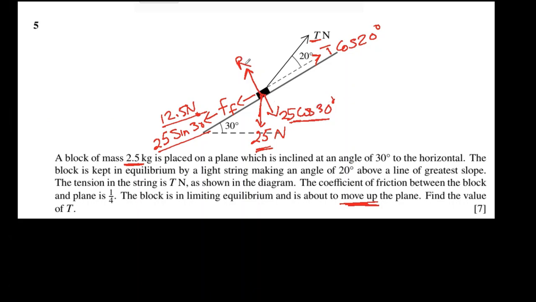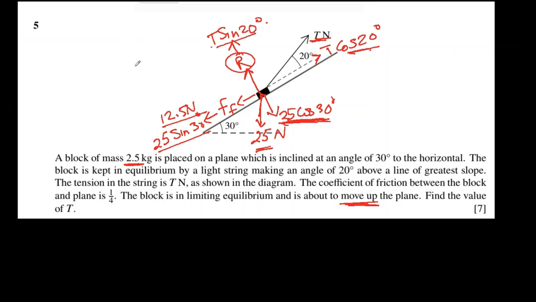This 30 is the one that is causing this component to come. But this R will not be equal to this. Why? Because this tension also has a component in this direction and which will compensate the remaining of this. So it will be T sine 20. The x component of T is T cos 20. The vertical y component will be T sine 20. And this R will be affected by this component.